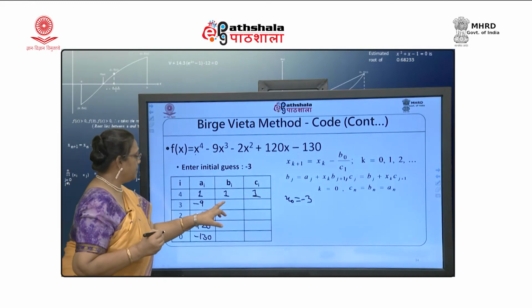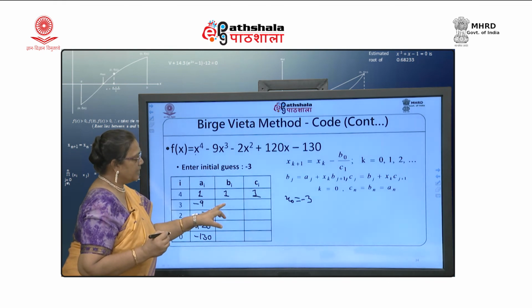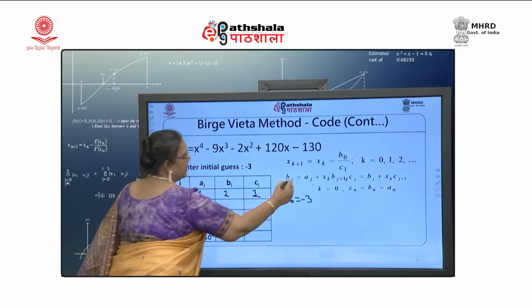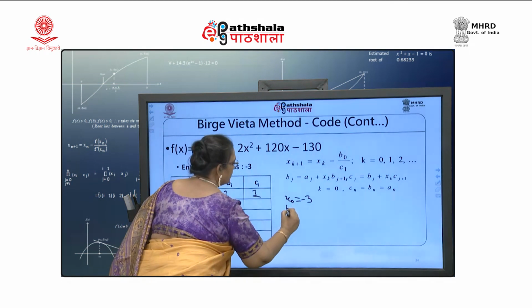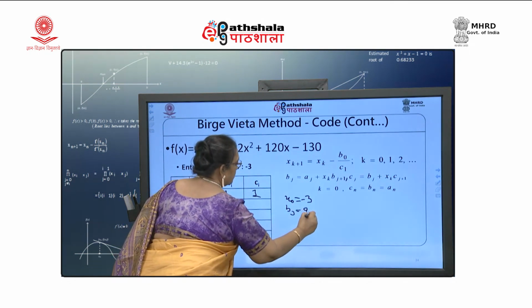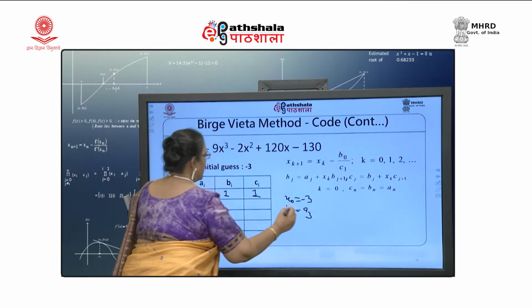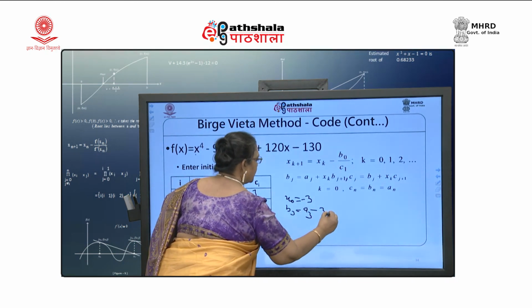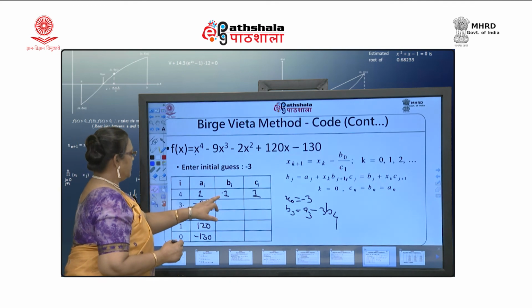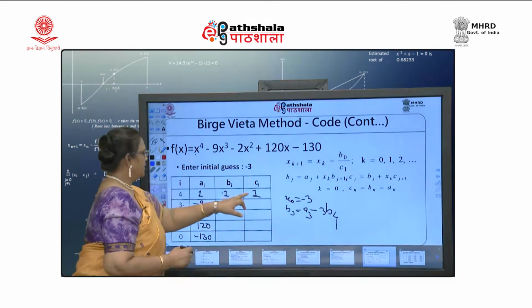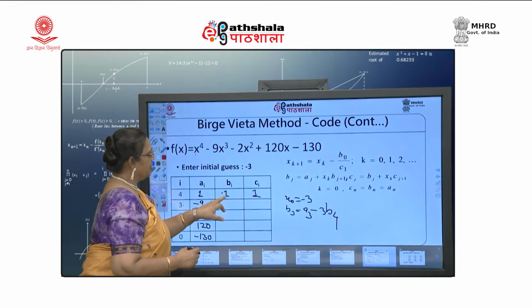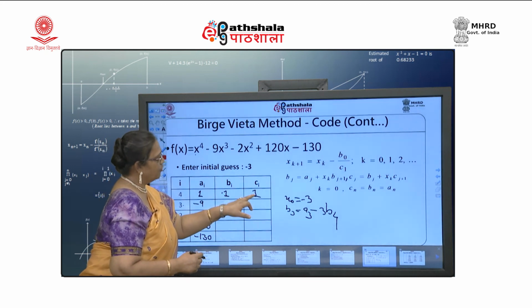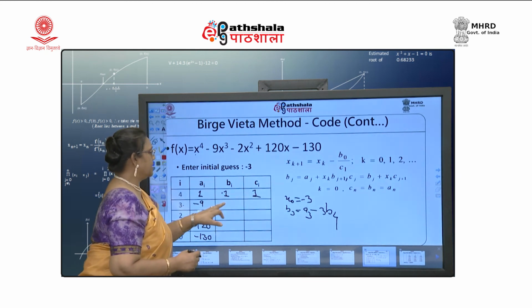Now, let us calculate b3. How to get b3? b3 is given by a3 plus xk, where xk is minus 3, into bj plus 1, that is b4.